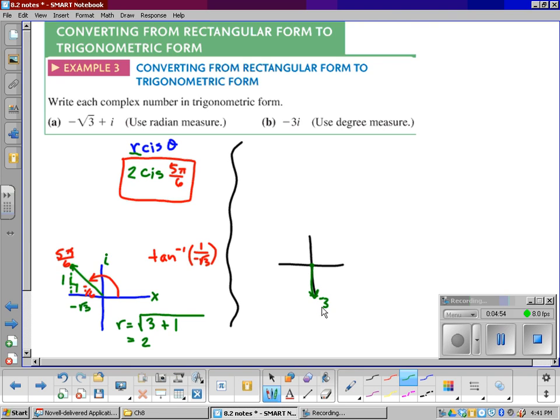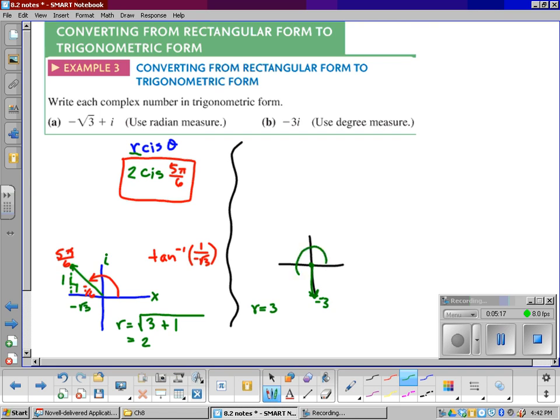It goes down to this y value of negative 3. Remember that your r value is always positive, and r is the distance from the origin to the end of that vector right there. So it's clear that the r value is going to be a positive 3 here. And then the other thing we need is our theta.